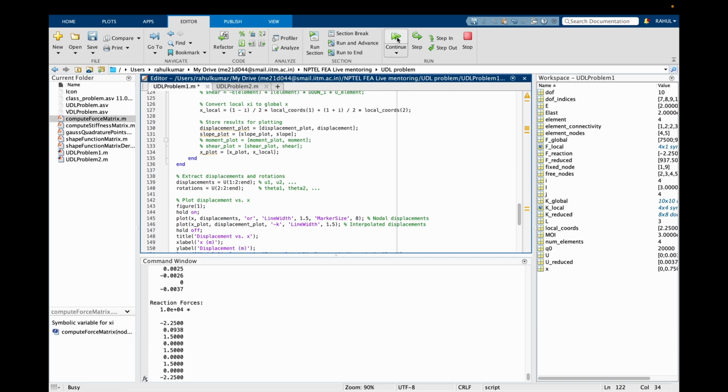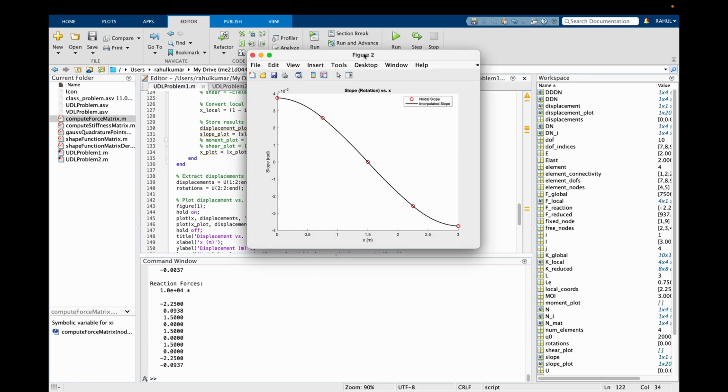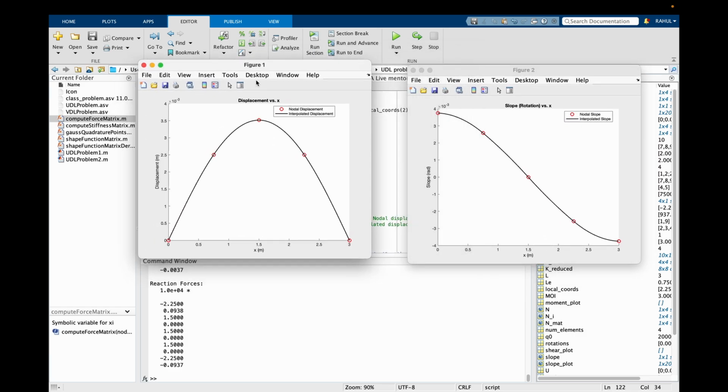Yeah, I will continue. Here you can see that the displacement is maximum at this point, and 0 displacement at the endpoints.